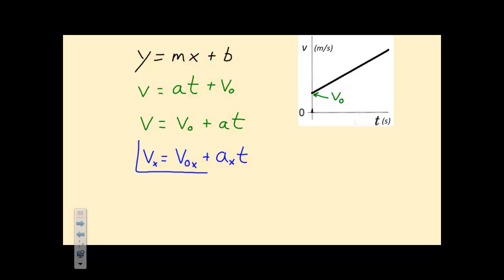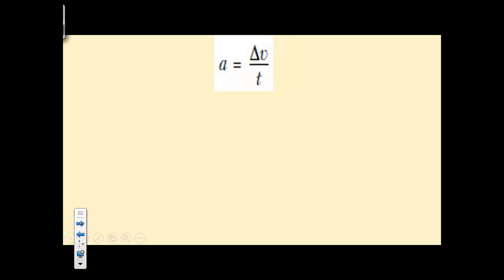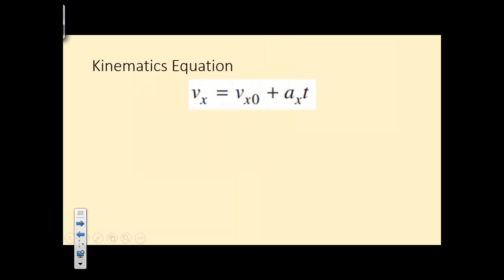Now I'm going to put a box around this because this is a kinematics equation. This is an equation that's going to be very, very important, and we are going to be using this throughout the entire year.